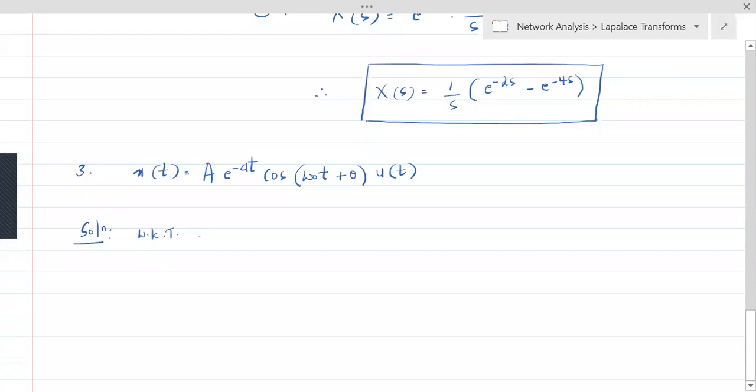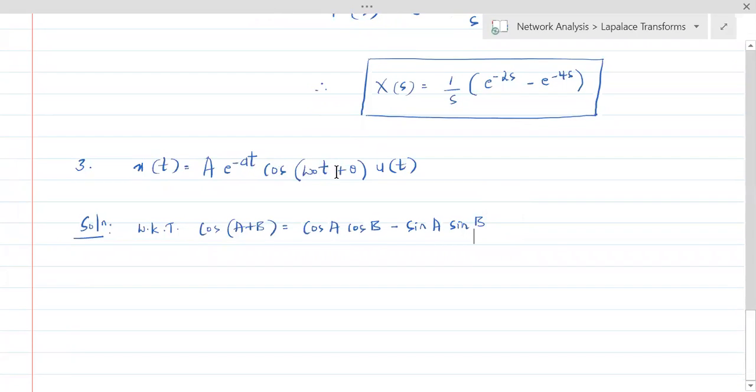We know that cos A plus B is given by cos A cos B minus sin A sin B. Therefore I can write x of t equal to A into e power minus at.